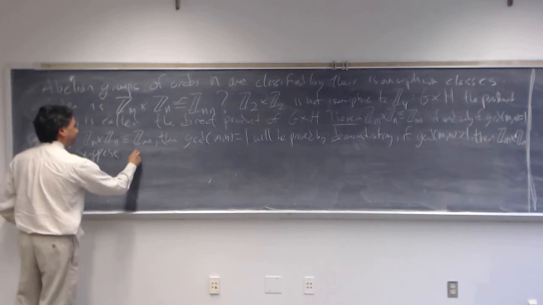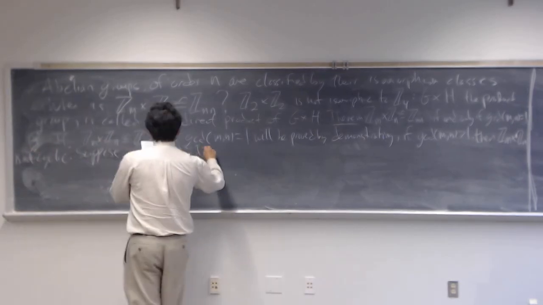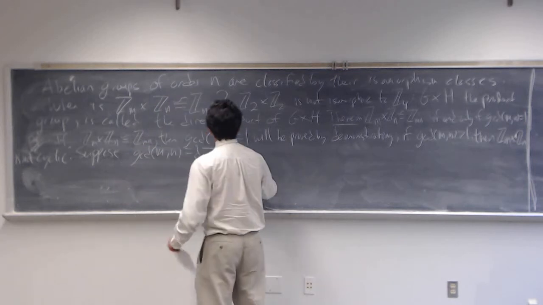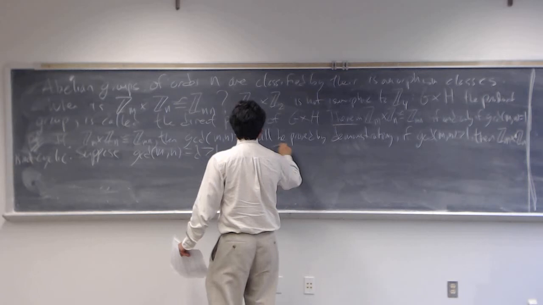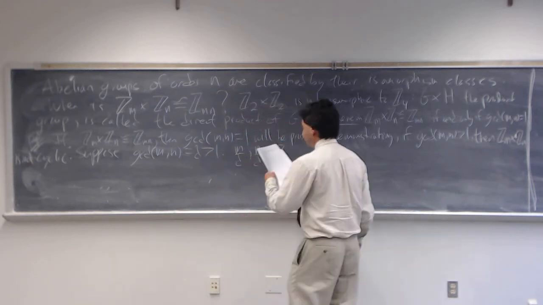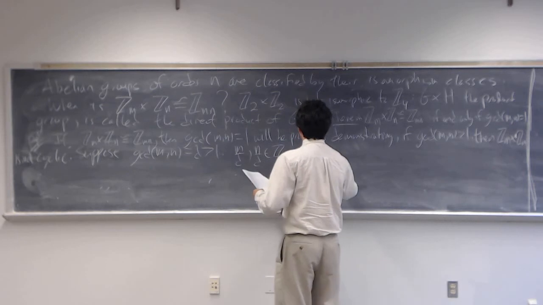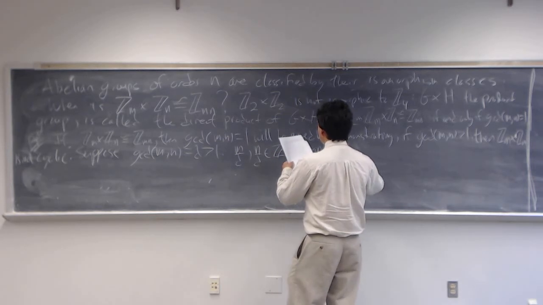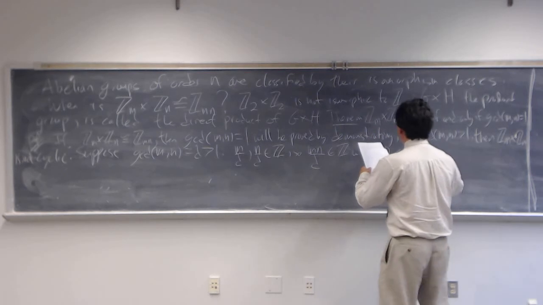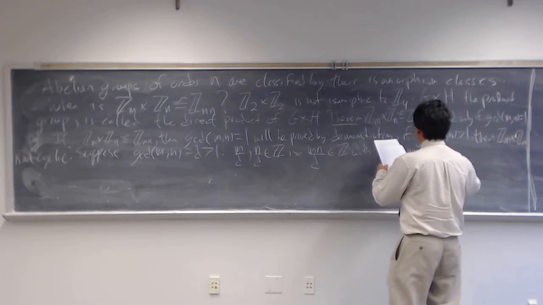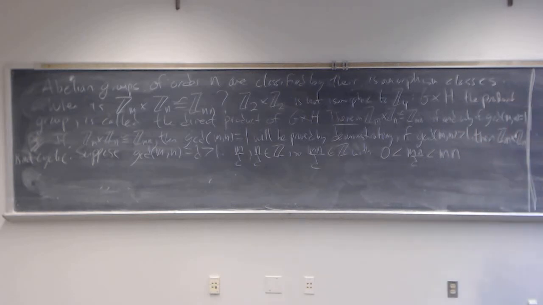So suppose the GCD of m and n is some integer d, which is greater than 1. So m over d and n over d are both integers. And so certainly mn over d is also an integer with 0 strictly less than mn over d, strictly less than mn.